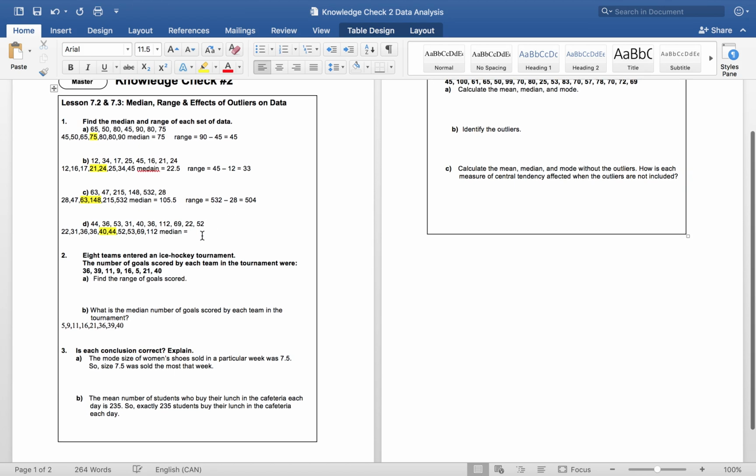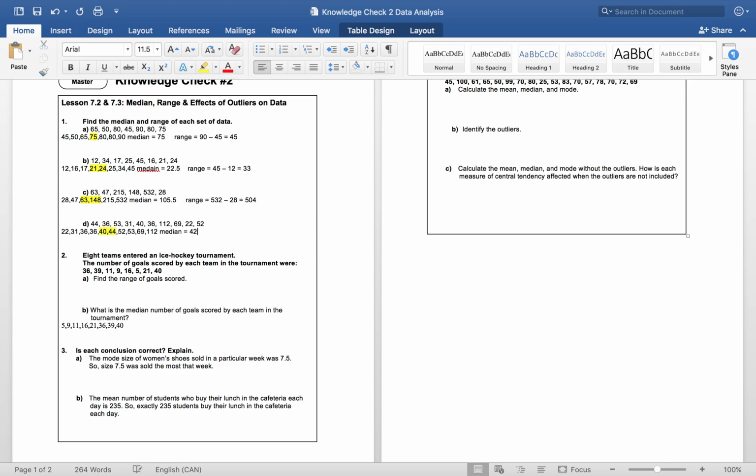Last one here, part D. Looking at our median, which is our middle number. Remember, median always middle. Organized our data from least to greatest. 2 numbers in the middle this time once again, because there's 1, 2, 3, 4 on this side, 1, 2, 3, 4 on this side, so we know these 2 are in the middle. What number is in the middle of 40 and 44?